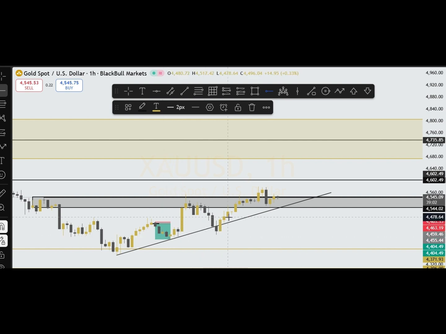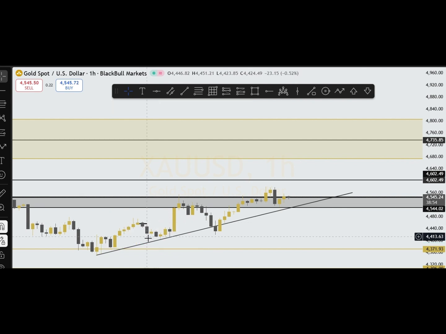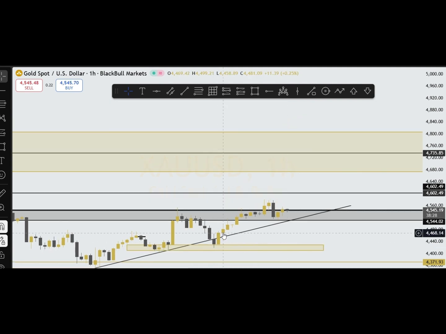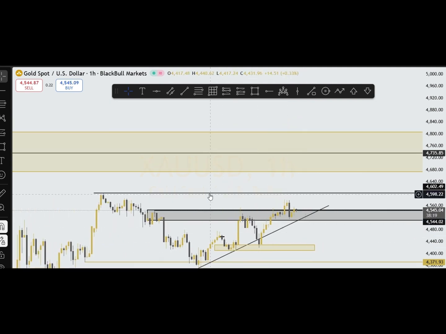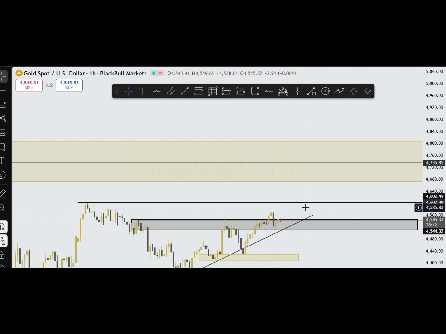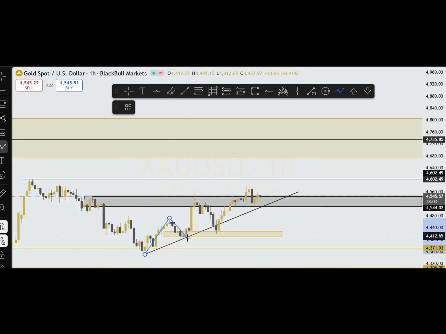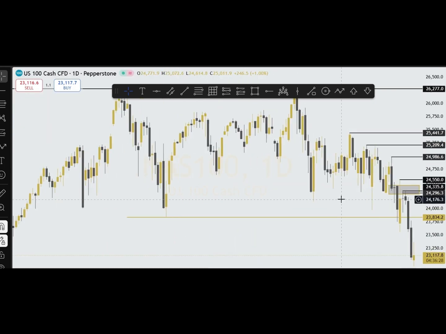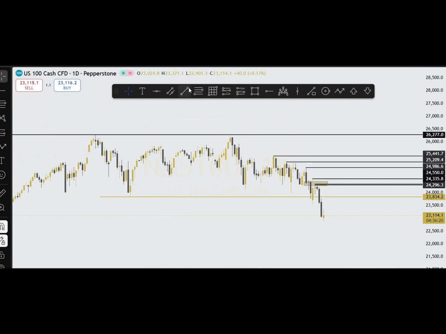My take is that because it's right there and on the 4 hour time frame it hasn't broken any resistance, it might go all the way down. But right there we have some sort of order block going to the upside, so we're expecting it to go up and then drop, considering that the US dollar is also getting stronger.